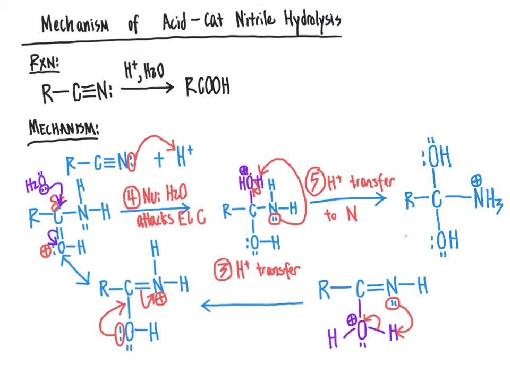I'm going to go ahead and draw another arrow here to indicate onward to the next step. And what's going to happen in the next step, which I'll label step 6, is that now that we have protonated the nitrogen, and we have this NH3+, that is a relatively capable leaving group now that it's protonated, because if we break it away, it can leave as a neutral molecule, and that's exactly what we're going to do.